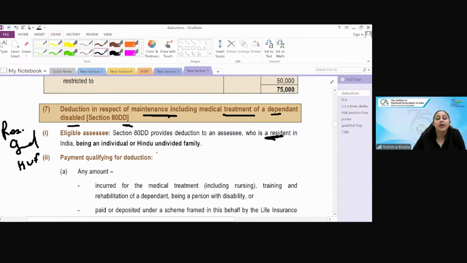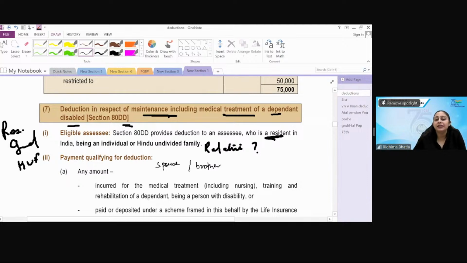Now the question is, who can be that dependent disabled? That dependent disabled can be any relative. The question again comes to, ma'am, what is the relative? Because each section has a different relative definition, definitely. So relative can be spouse. Now here brother and sister have also come. See, 80C only had spouse and children. 80D had spouse, dependent children and parents.